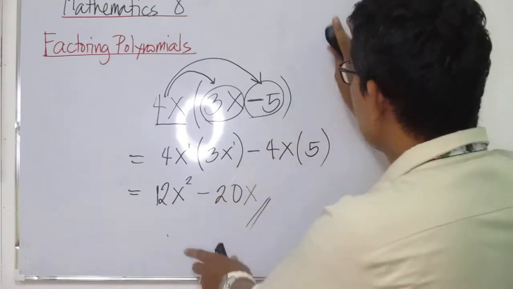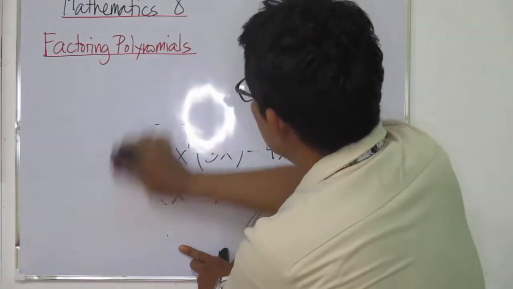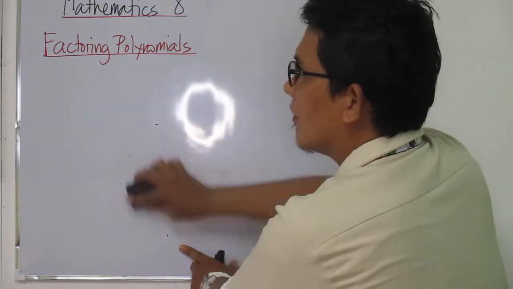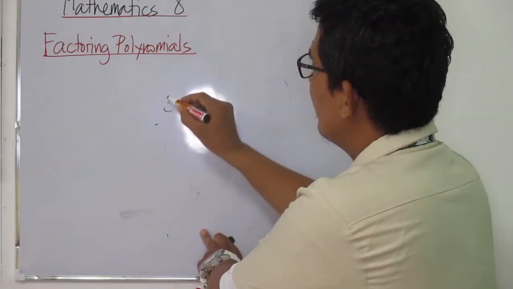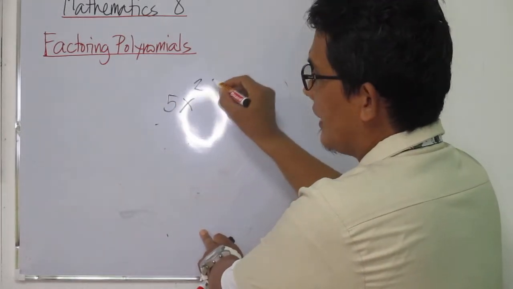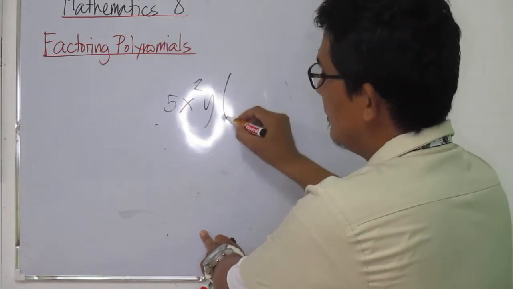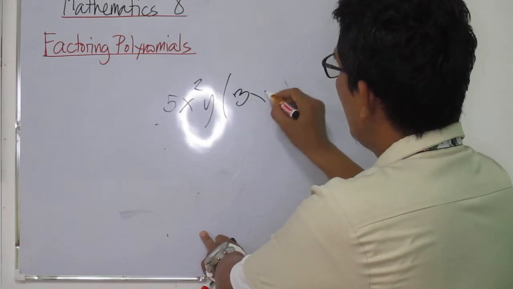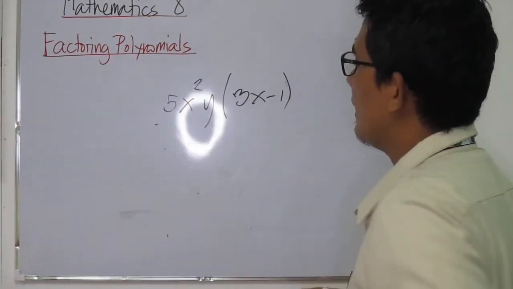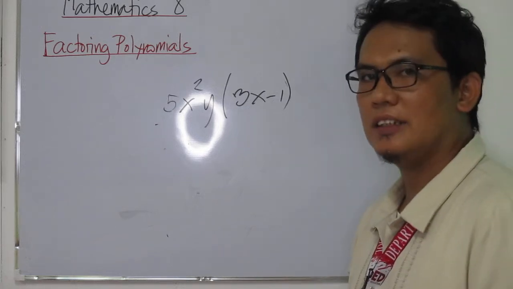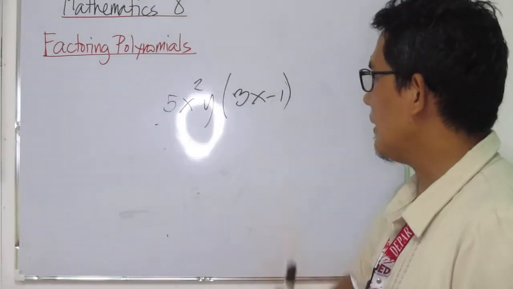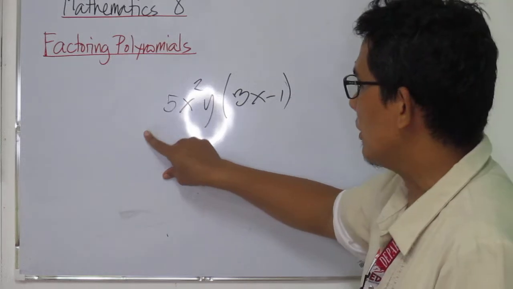Okay, another example. What if we have this one? 5x squared y multiplied to 3x minus 1. Same as the first example that we had, we're going to identify what are the things that we're going to multiply.